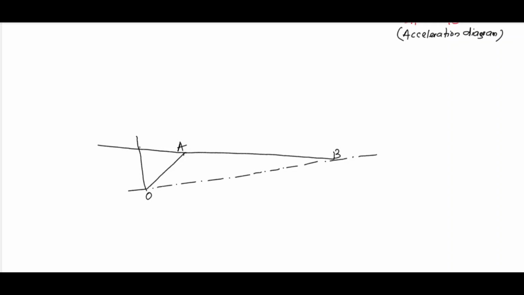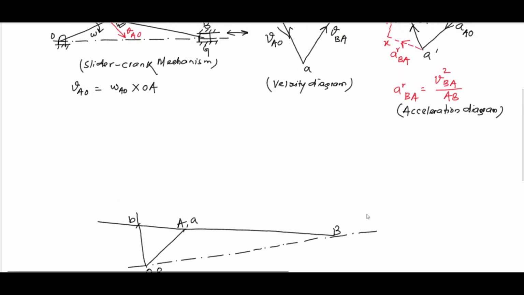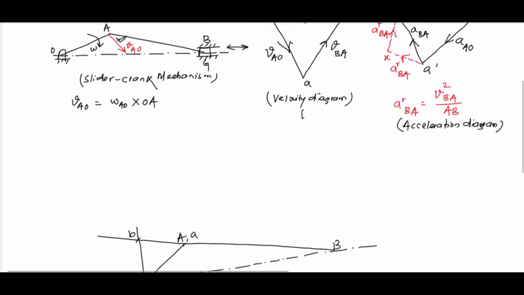Both these lines will intersect here at small b. Now let's say this is our small o, this is our small a, and this point is b. So this triangle o, a, b will give us the velocity diagram of the slider crank mechanism, which is rotated through 90 degrees anti-clockwise compared to the original velocity diagram.